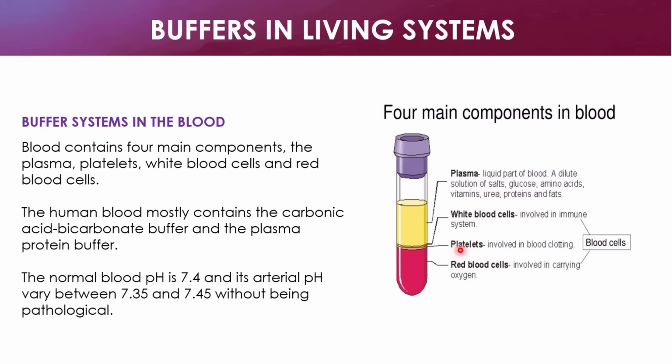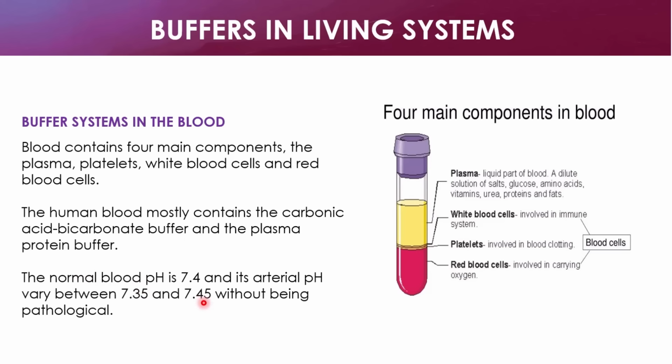There are two organs responsible for regulating carbonic acid and bicarbonate concentration in the body. And these are the lungs, through respiratory functions, and the kidney, through metabolic functions. The carbonic acid bicarbonate buffer system is the most important buffer for maintaining the pH homeostasis of the blood.